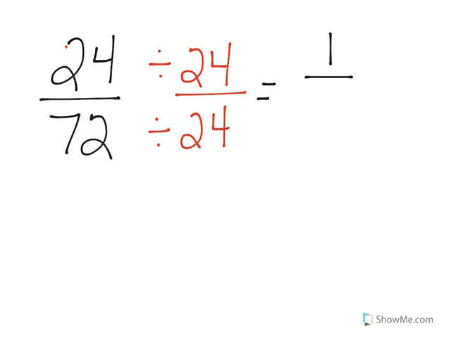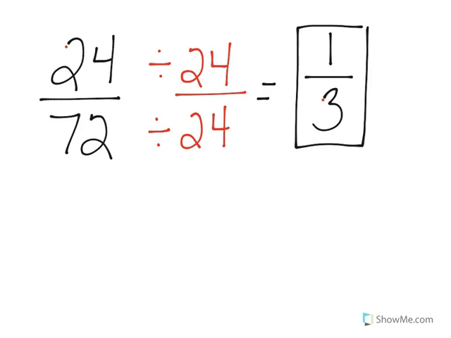Therefore, 72 divided by 24 is 3. So 24/72 is equal to 1/3 when it has been reduced to lowest terms.